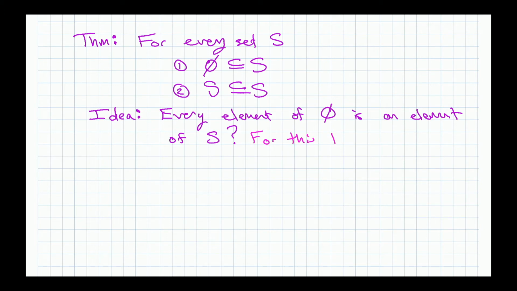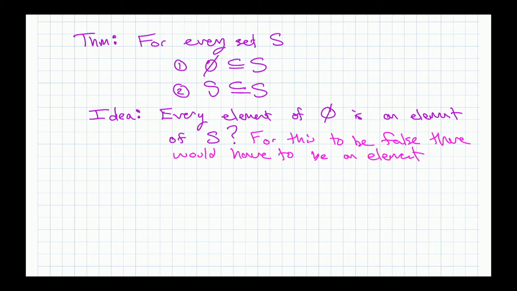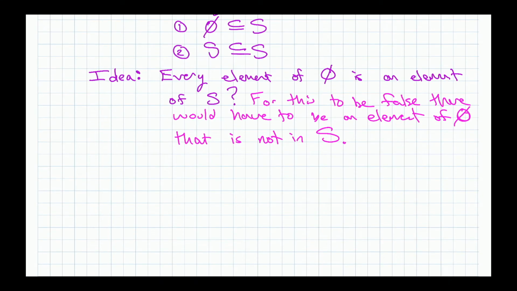So if you wanted to prove this incorrect, for this to be false, there would have to be an element of the empty set that is not in S. Now, of course, there is no such element, right?